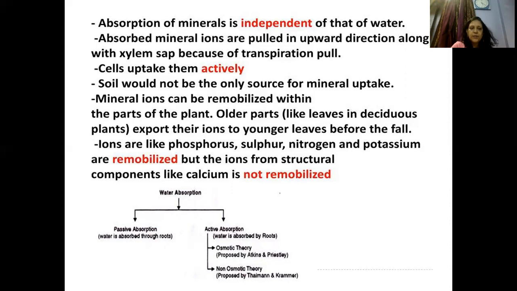So there's a difference here. Okay. So we will understand this. And in active absorption, there are two theories: one, the osmotic theory, and the non-osmotic theory. Okay, so we'll see that.